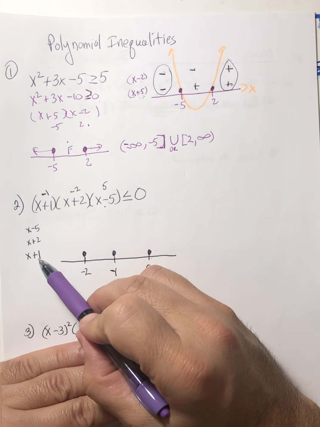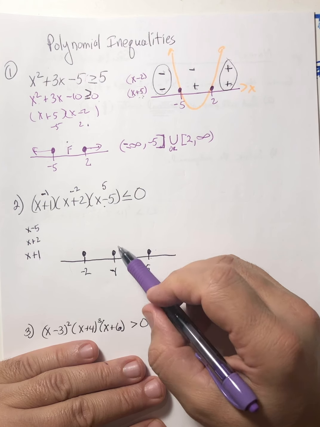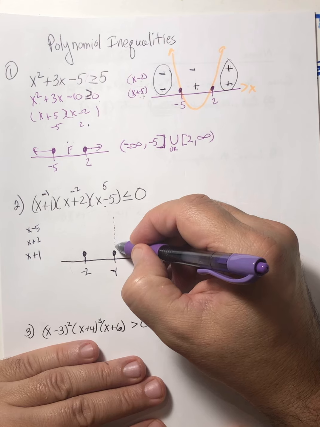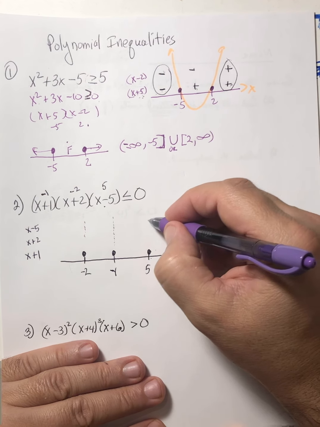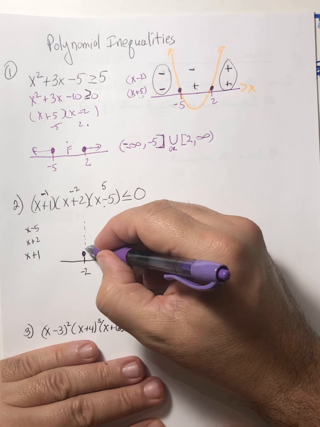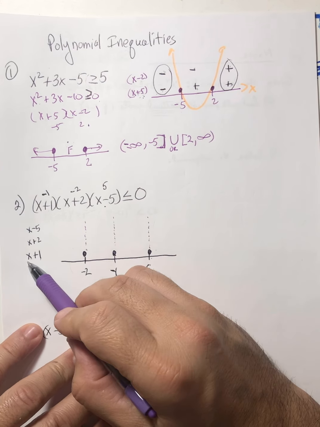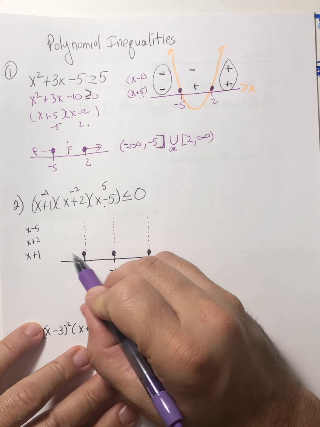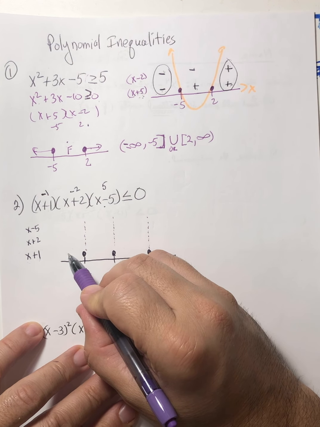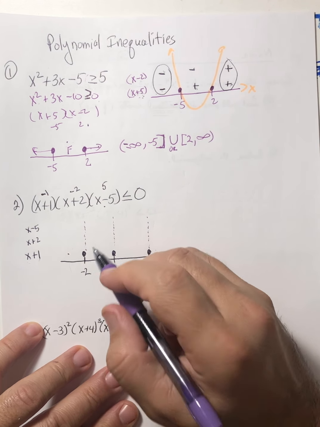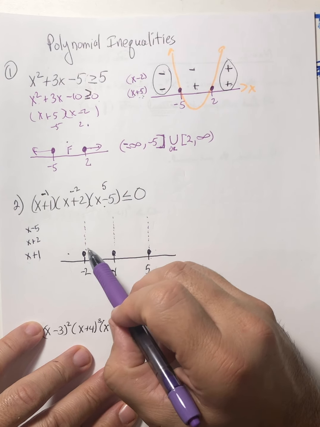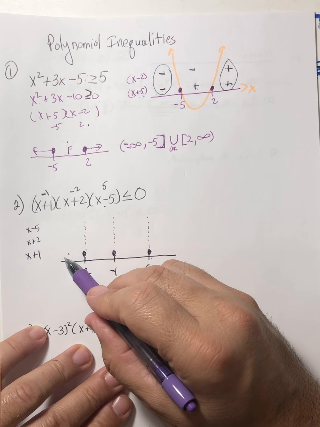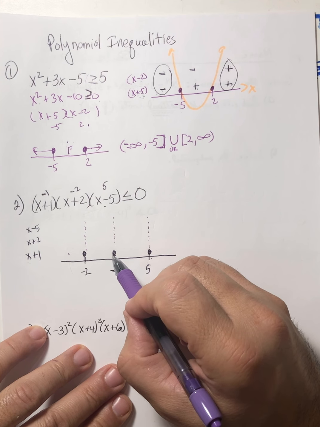So I'm going to start with x plus 1. Well, here it is right here. At -1, I'll put a little dotted line here to identify my regions. At -1, that factor is equal to 0. Anything to the left of -1, what kind of numbers are coming out? Are they positive or negative? If you're not sure, plug in a number that's less than -1. I don't care how much less than -1, just make sure it's less than -1.